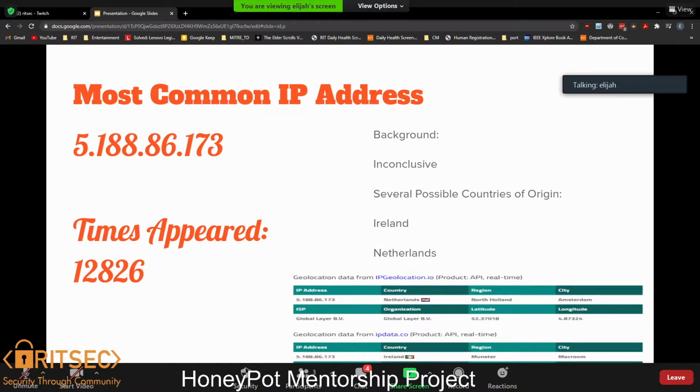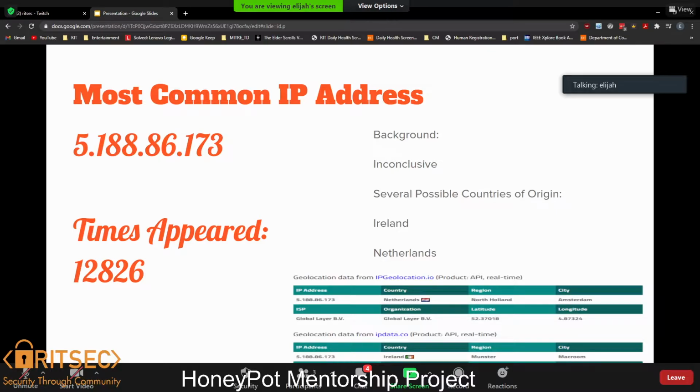So first and foremost is the IP address. The most common IP address is 5.188.86.173. This appeared around 12,000 times in the logs. When researching this, the results were slightly inconclusive. I went through many geolocation applications and programs to try to find the country of origin.